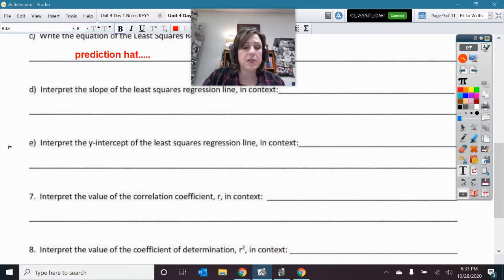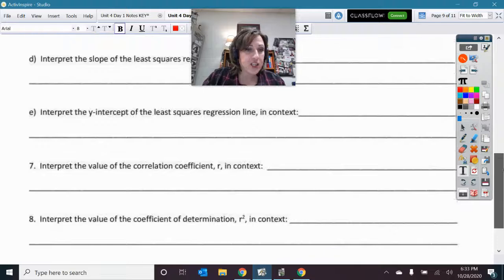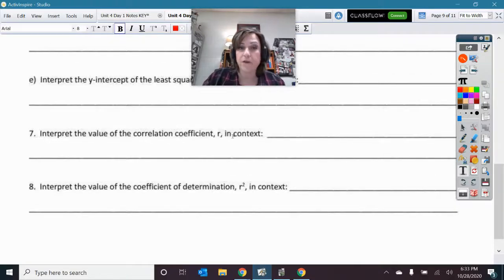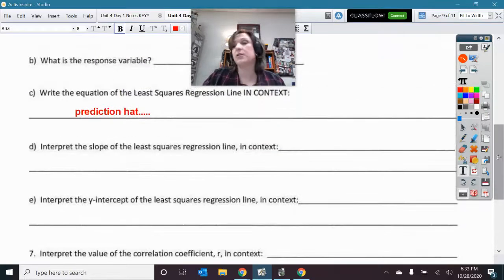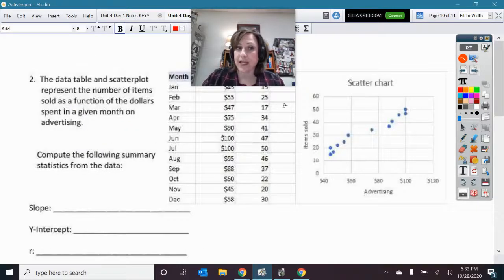So go back to your notes. Interpret the y-intercept, and then interpret the correlation coefficient r, and interpret the coefficient of determination. So lots of phrases, and you do that twice.